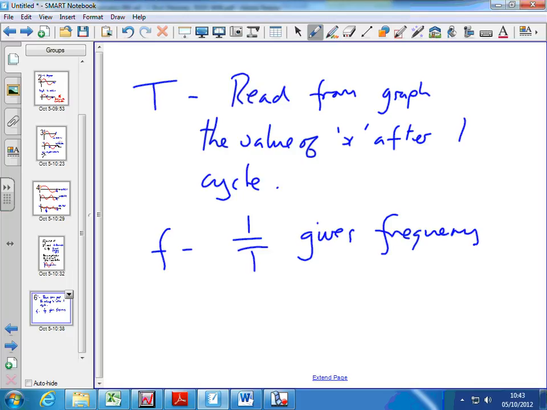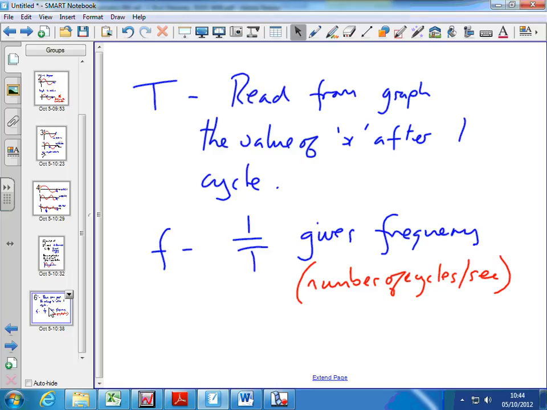So that will give me the frequency, which is the number of cycles per second. So you could confirm that. So if we've got the period, you read that from the graph, I could then calculate the frequency. It's 1 over that. Right.